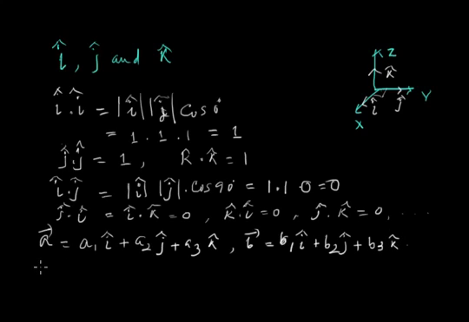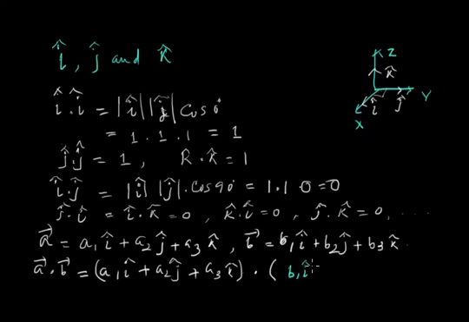So when you do the dot product of these two, A dot B, we write A1 I cap, A2 j cap plus A3 k cap, put a bracket, and then vector B: B1 I cap, B2 j cap, and B3 k cap.